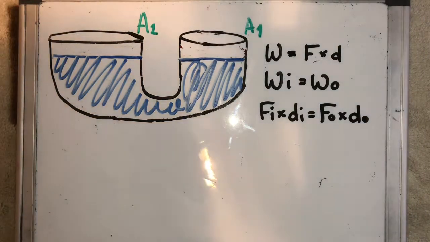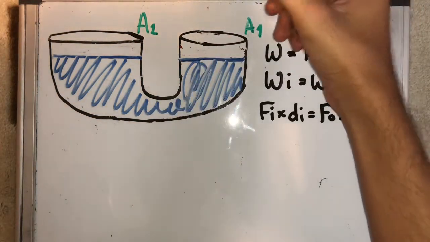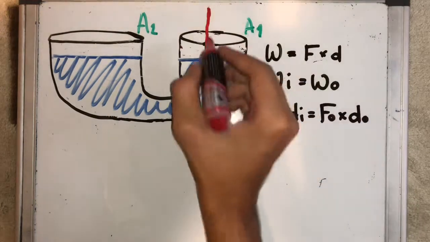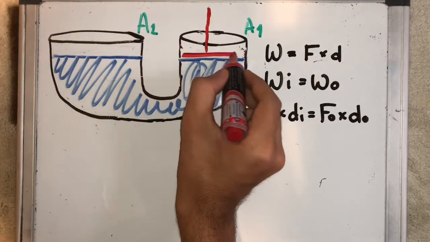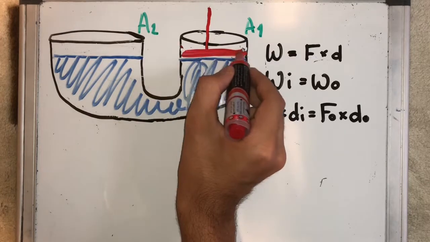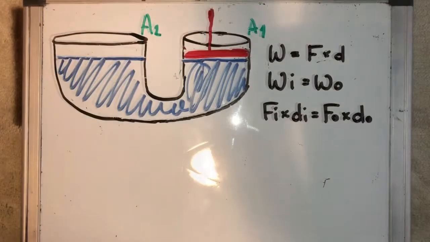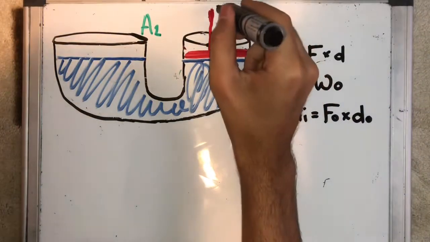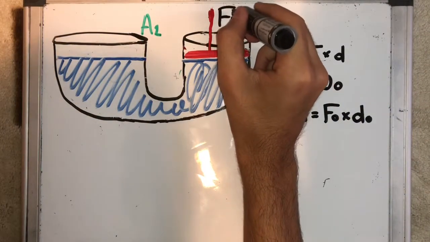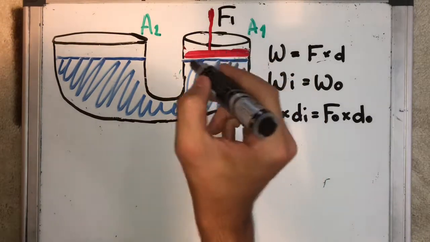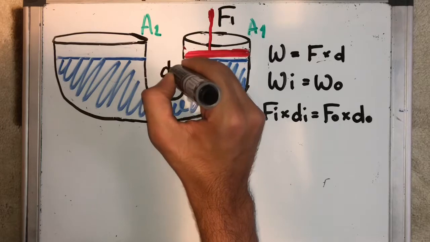Okay, so imagine if I apply a force on this liquid on one end of the container with a piston. Let's just draw the piston here. I apply a force of F1 here, and let's say the distance that the piston pushes the liquid is D1.